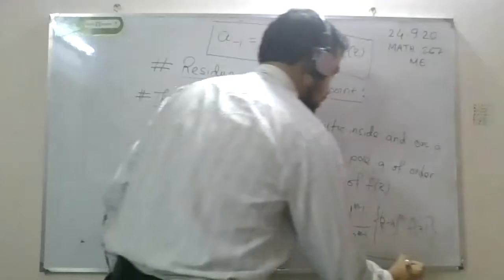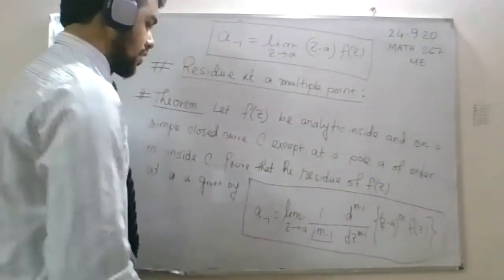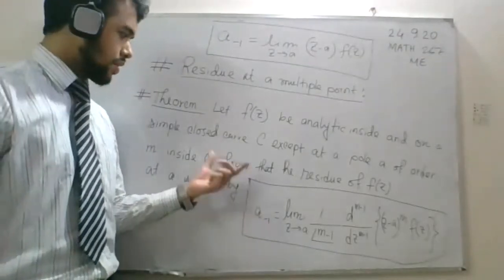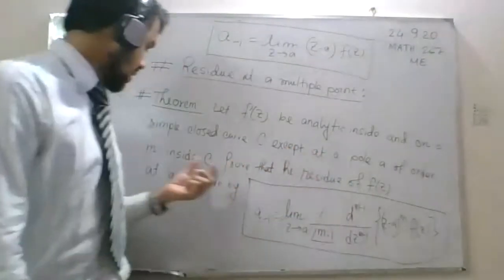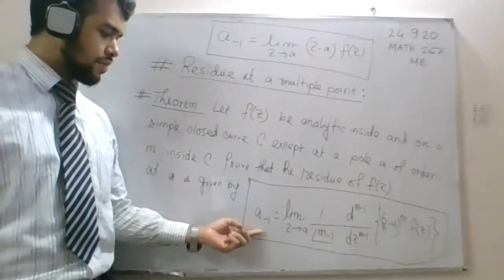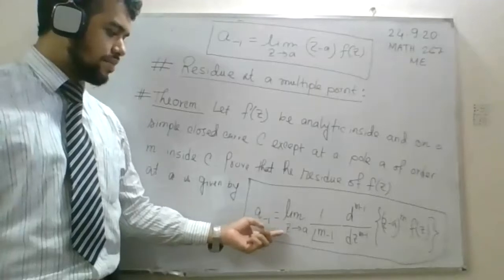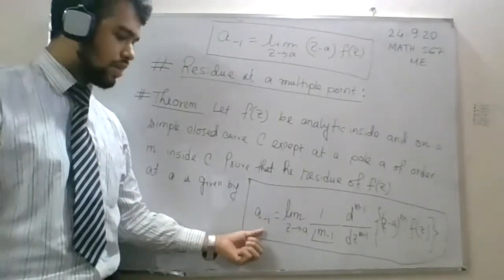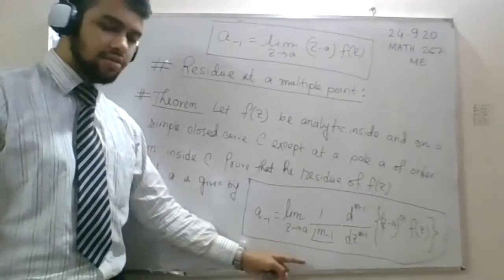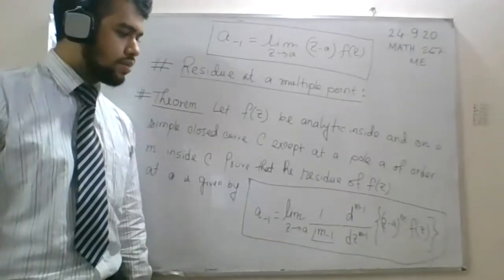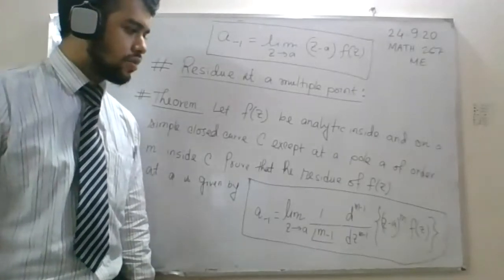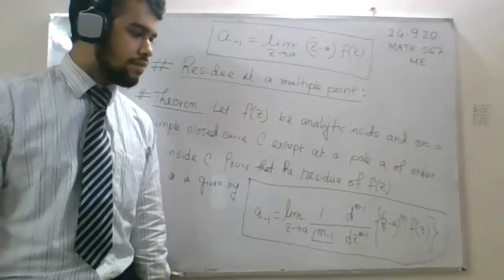So, this is the residue formula for multiple poles. Okay. If a pole of order n occurs, then you can say here a subscript minus 1 equals limit z tends to a, 1 by factorial n minus 1, d to the power n minus 1 divided by dz to the power n minus 1, into z minus a to the power n times f(z).